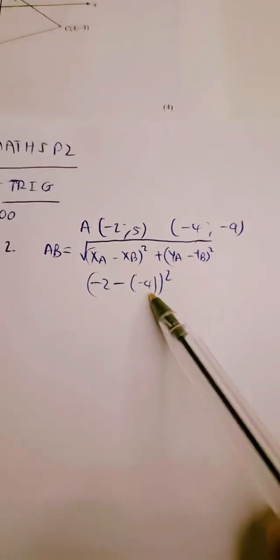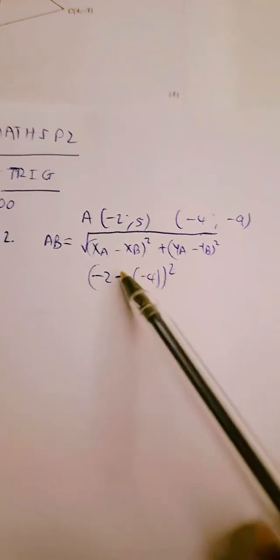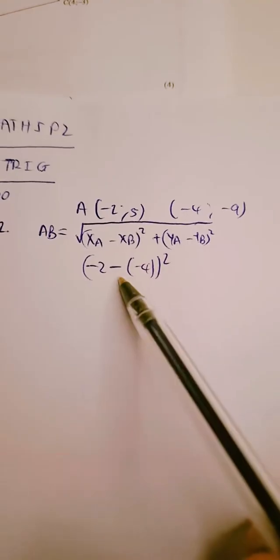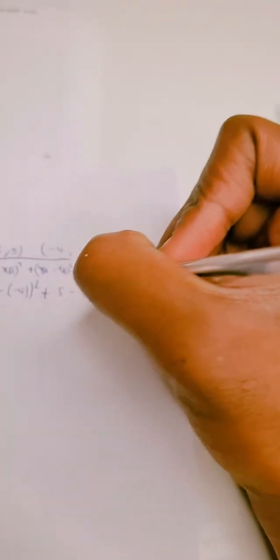Okay, look at how our brackets are placed so that we can avoid confusion. Since there's a negative, of course we have to resolve the sign there, and then the square on the outside, plus y coordinate of A, that is 5 minus -9. Okay, be very careful there, guys.